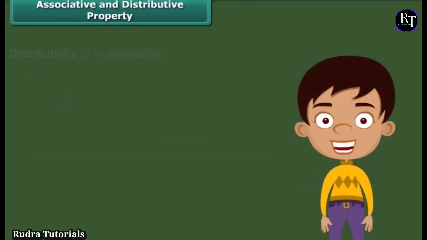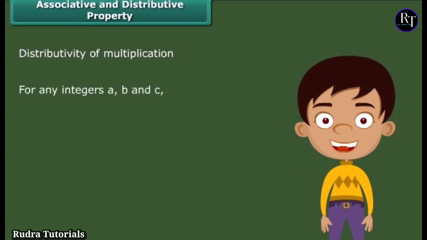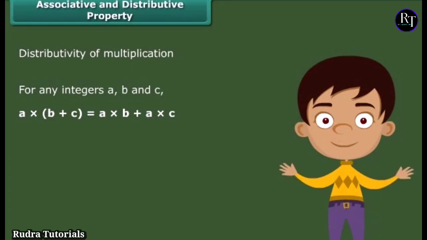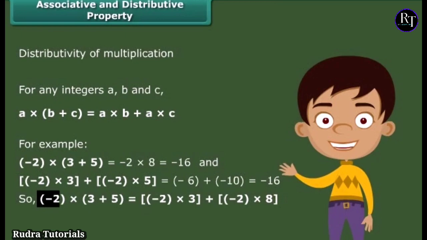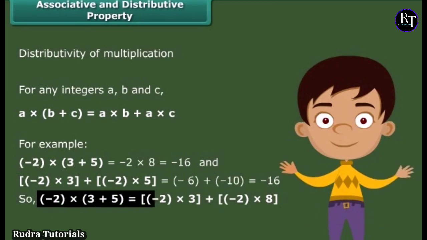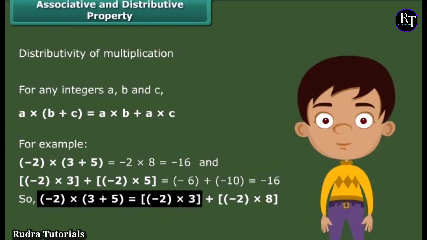Now let us move towards the distributive property of multiplication. For any integers a, b, and c, a × (b + c) is equal to a × b + a × c. For example, -2 × (3 + 5) is equal to -2 × 3 + (-2) × 5.